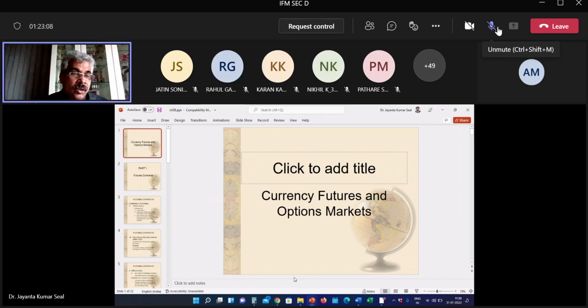But the major difference between a forward contract and a future contract is that a forward contract is between two parties, a bilateral contract, buyer and seller. A future contract is between three parties, buyer, seller, and it is traded through an exchange.